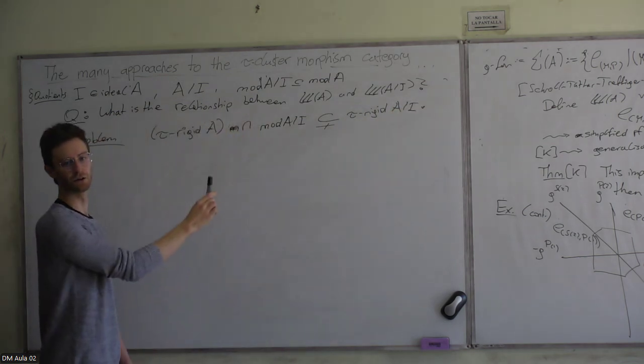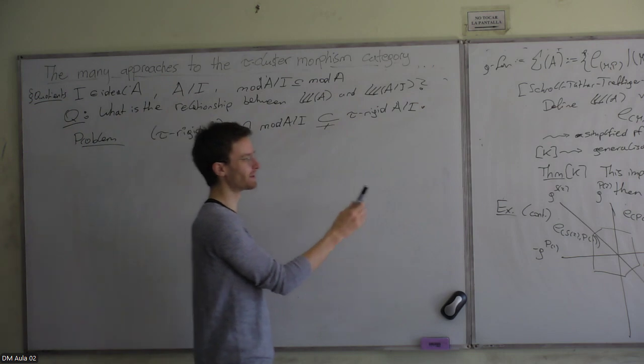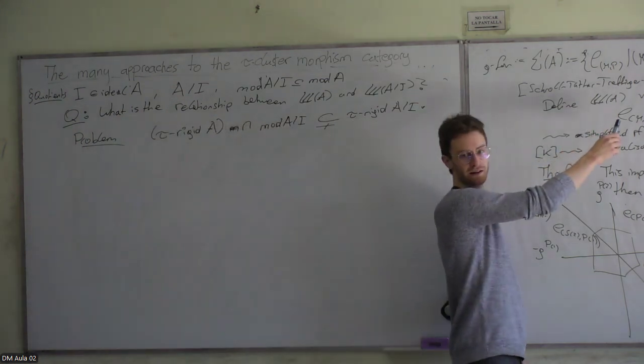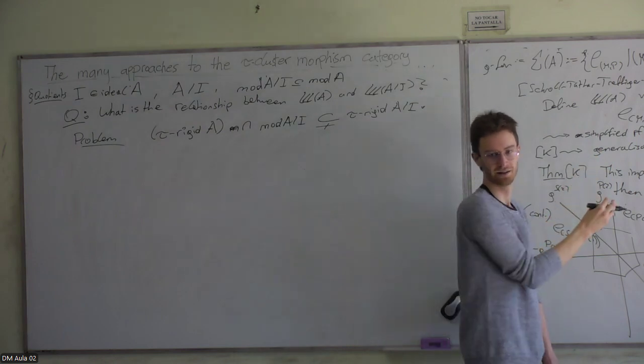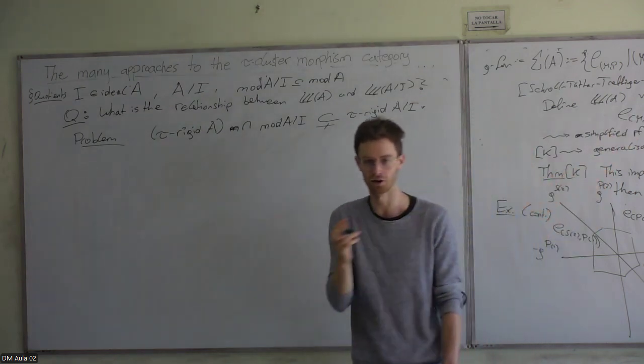This makes it difficult to simply quotient everything, because suddenly you're killing all of these tau-rigid modules and you're sending a lot of stuff to zero.